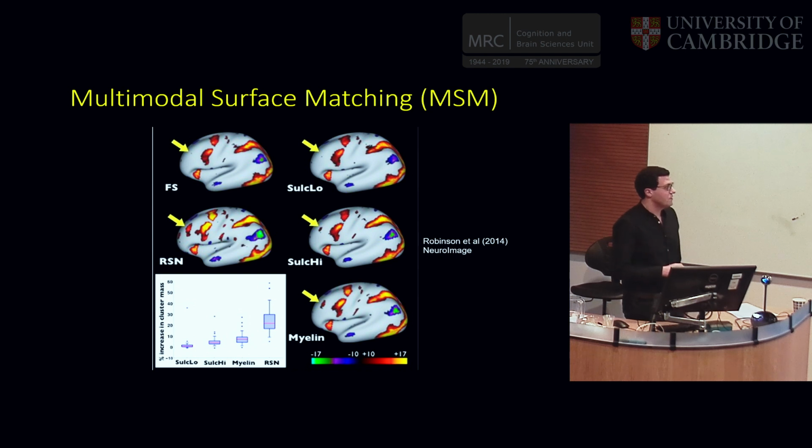If you look at this specific task fMRI contrast, the first row shows you the significant clusters if you just align your subjects based on folding patterns. But if you start relaxing your dependence on folding patterns, then you start to see a small frontal significant cluster. If you start using myelin maps, then you see a bigger cluster. And if you start using resting state maps, then you get a much larger and more significant cluster.